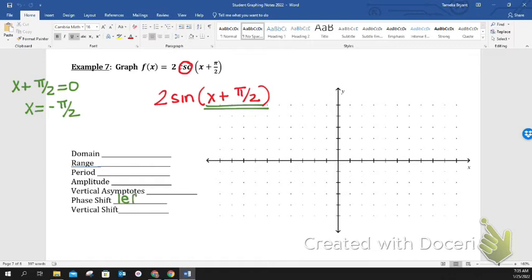So where it says phase shift, right, left, pi over 2. So I'm going to start it here. I'm counting by 45. So this is negative 90 degrees. So that's where I'm going to start my wave.